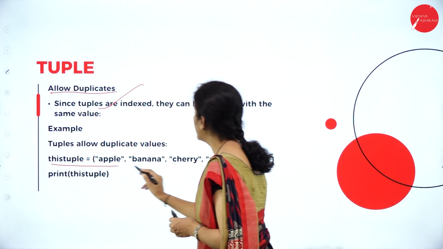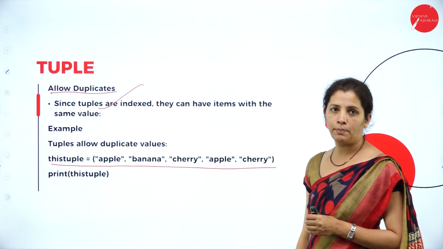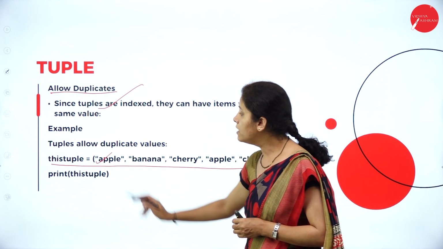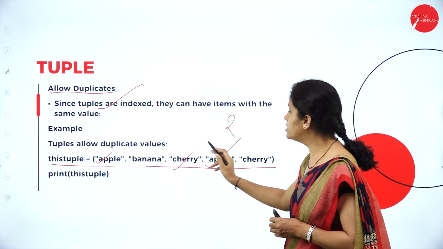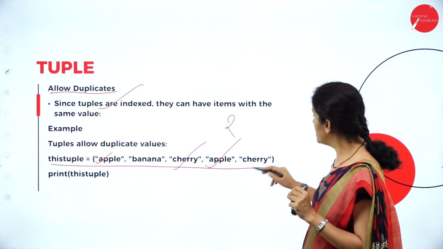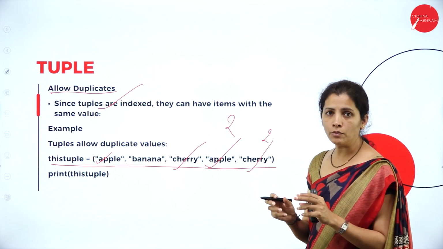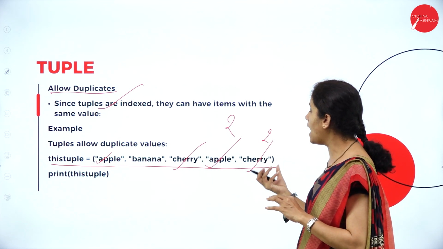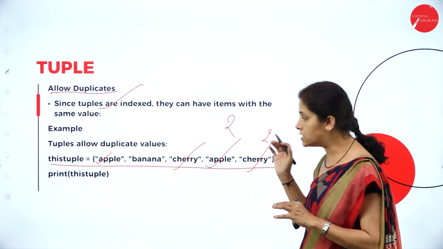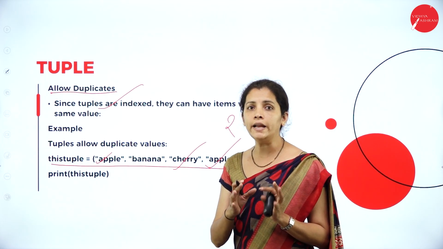Now this is the way I can create the tuple. Okay, fine. See here, I have apple and apple appears 2 times and cherry also appears 2 times. Now the question arises, how can I access apple and cherry? In that situation, I am going to consider the index.